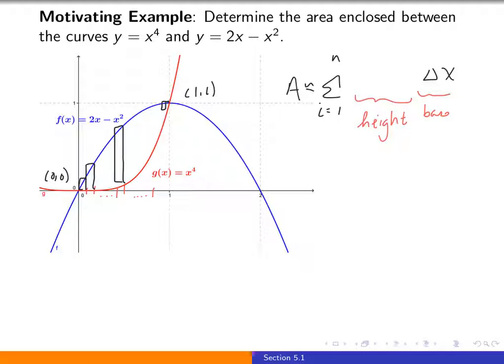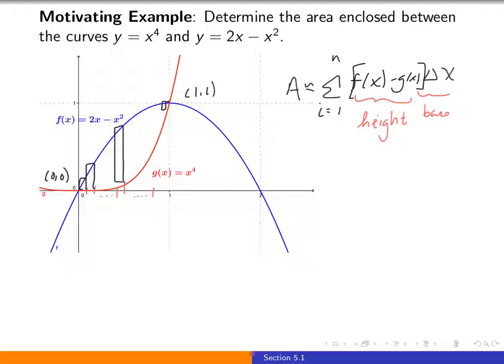But for the height, we need to go from the upper function to the lower function. So the height in this case would be given by f of x minus g of x. So this is in general: it would be f of x minus g of x, where f of x is the larger function.